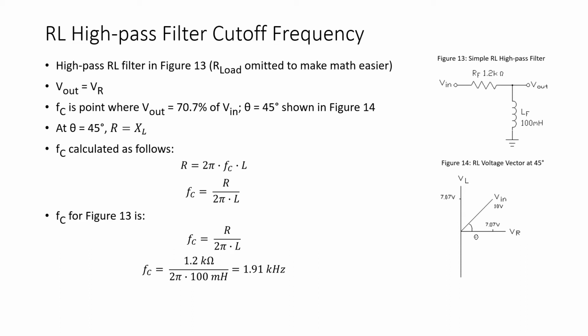And this is illustrated in the vector diagram of figure 14. And when the phase angle is 45 degrees, R equals X sub L, so I can calculate the cutoff frequency as shown, where the cutoff frequency equals R divided by 2 pi L. So the cutoff frequency for the filter circuit of figure 13 is 1.91 kilohertz.